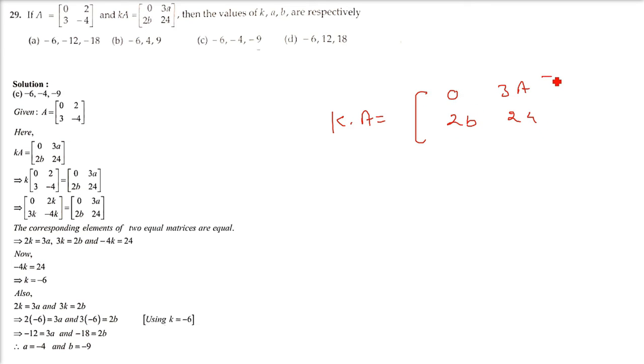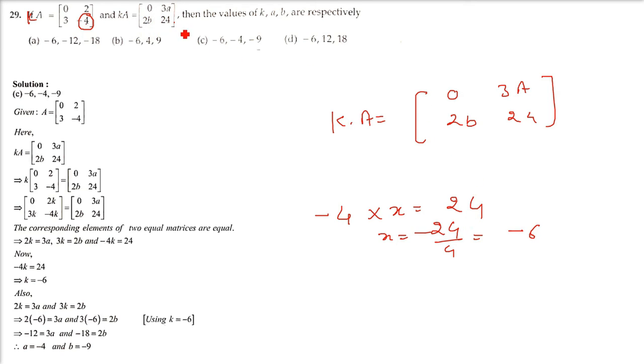You have multiplied something with minus 4 and then you got 24. That is going to give you the k value. So we are just equating the corresponding values. So this k will be minus 6. Using this k, we are going to find out the a and b values.